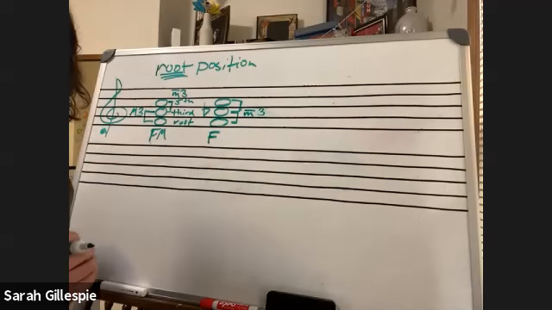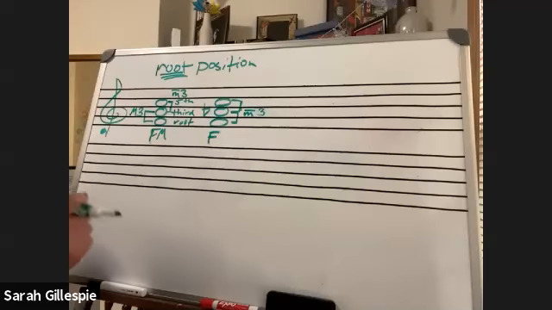I can't hear you. Did you say major? I feel like your mouth said major. Yes, and then I said minor. So which is it? It's a third still, so is it a major or a minor?